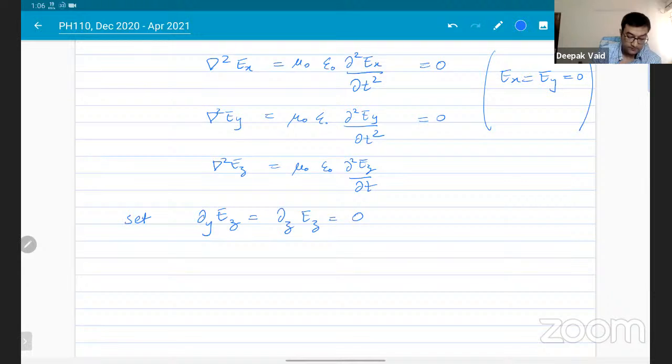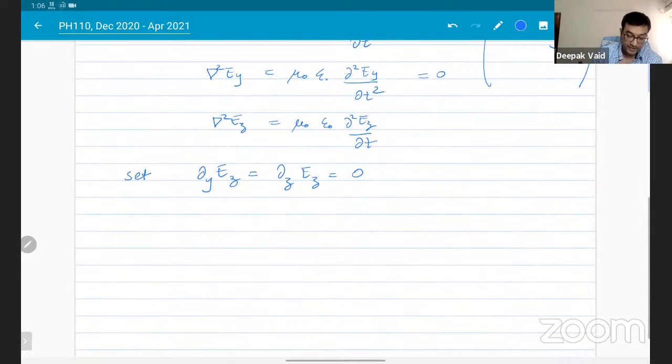So finally, I'm left with this del square. Del square becomes d square by dx square of Ez, because d by dy and d by dz are 0.